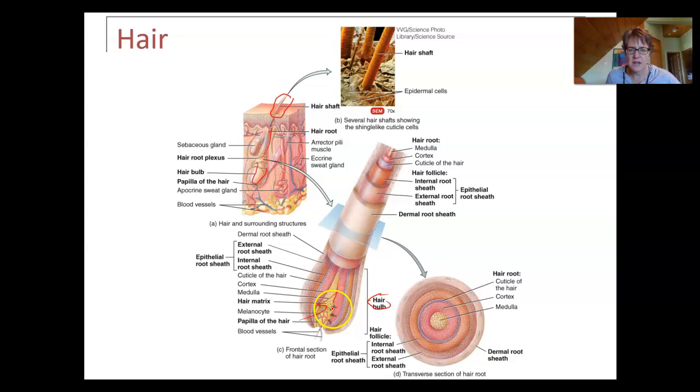And this is where I find melanocytes for giving me color, pigment. Well, not so much for me anymore because I'm getting gray hair. And I have the bottommost layer. This bottommost layer on the hair is going to be the hair matrix, and the hair matrix is what makes the hair.